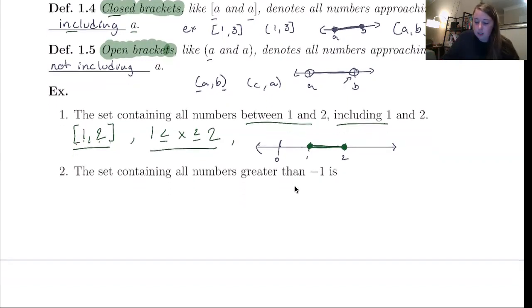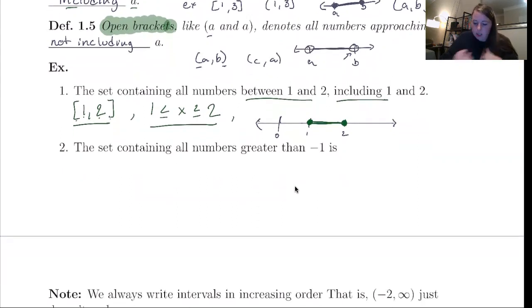And then depending on the difference between including 1 and 2, that's where the open brackets would come in and those open circles. Open circle, closed circle. All right. So now let's do the set containing all numbers greater than -1. Again, there's an infinite amount. I can't fathom writing all of those, so I'm not going to use the set brackets, the squiggly brackets. I'm going to use set notation. So if I want to write all numbers greater than -1, well, I know it would be anything that satisfies x.